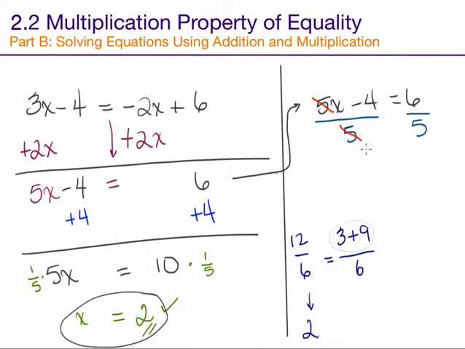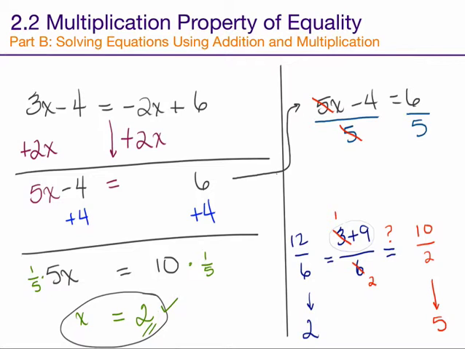If I use this technique of canceling first, then what I'm saying is 3 goes into 3 once. 3 goes into 6 twice. Does this give us the same answer? 1 plus 9 is 10 over 2. 10 over 2 is 5.